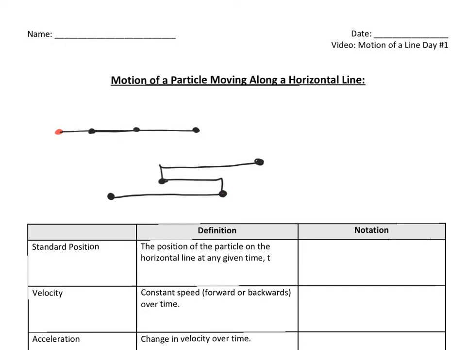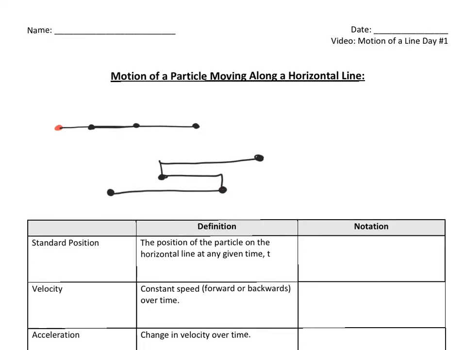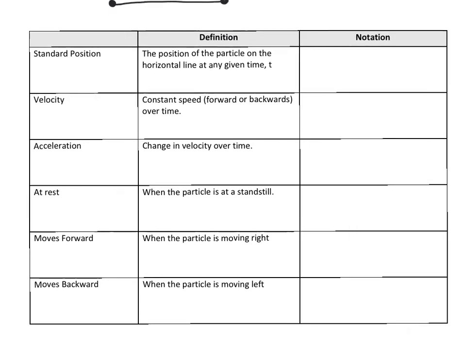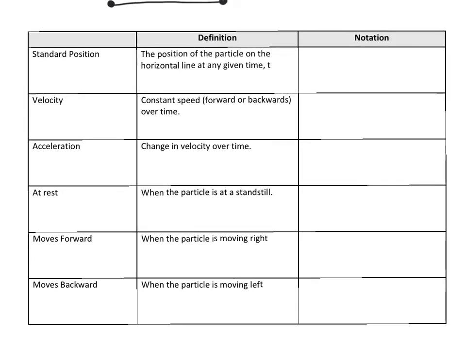So before we can do some examples, we need to talk about some vocabulary first. Standard position is defined as the position of the particle on that horizontal line at any time t. And we denote standard position as x of t, or sometimes it's referred to as s of t.